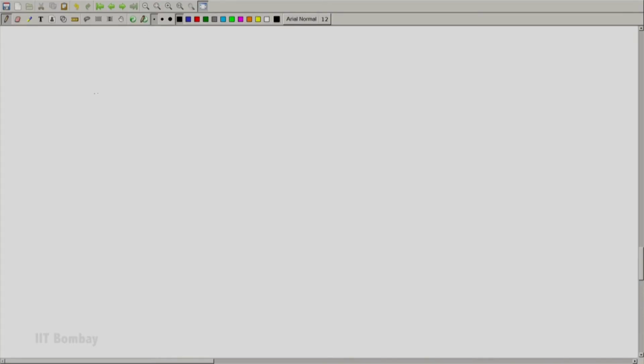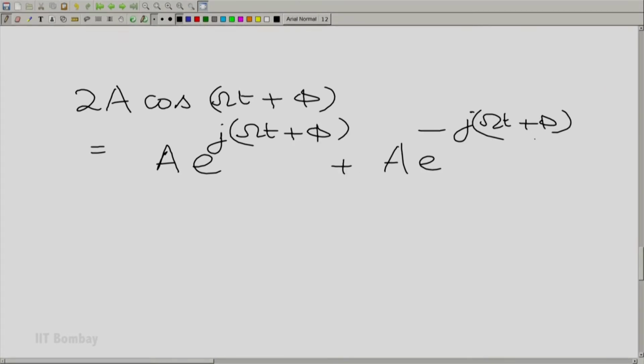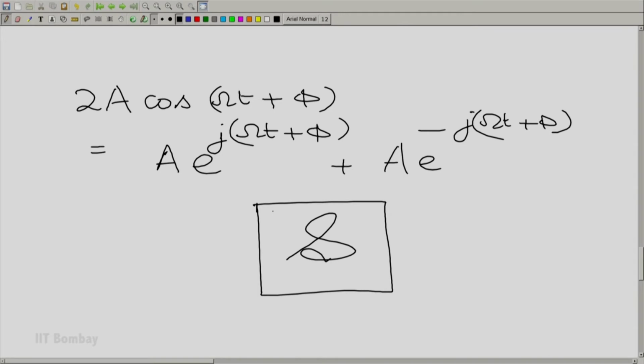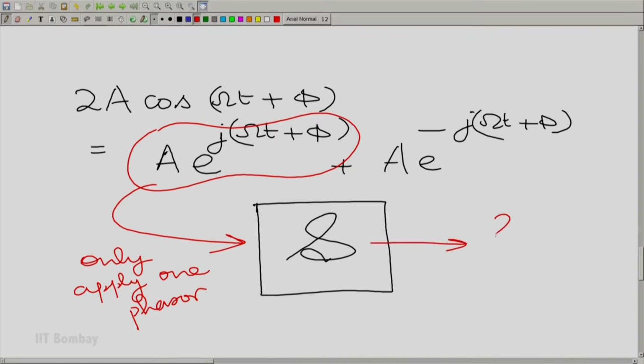So, we have 2a cos(omega t plus phi) is a e raised to the power j(omega t plus phi) plus a e raised to the power minus j(omega t plus phi), and let us only apply this to S and query what the output is, and we will see there is something very interesting here.